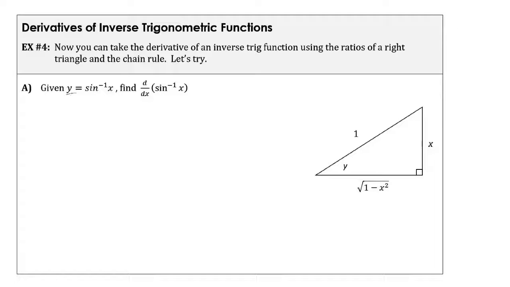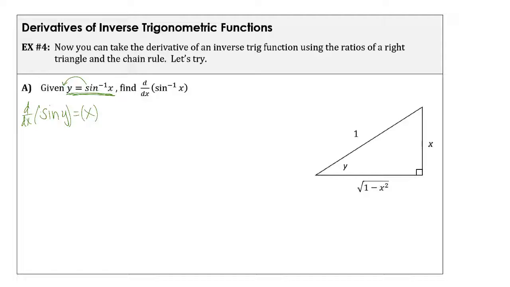So this notation here looks kind of intimidating, but what we can do is move this inverse sine back over here, and this was originally saying sine of y equals x. Once again, let's do the derivative of both sides, d dx.